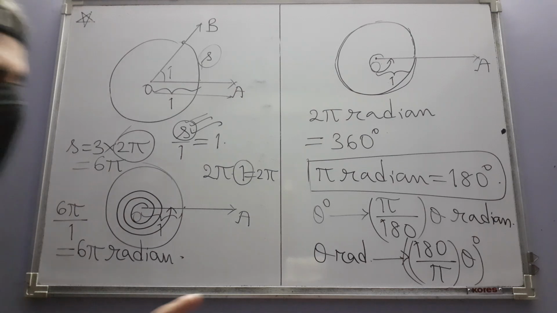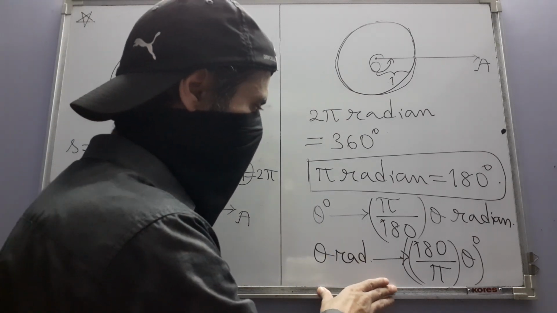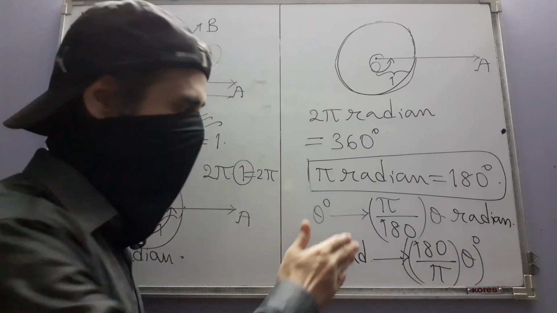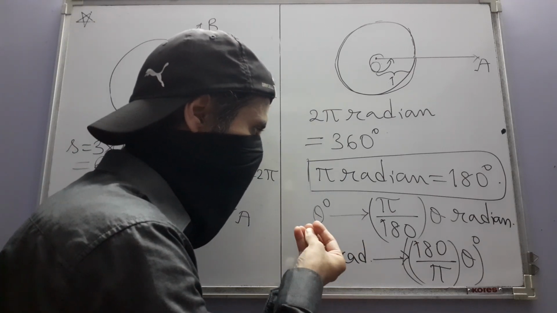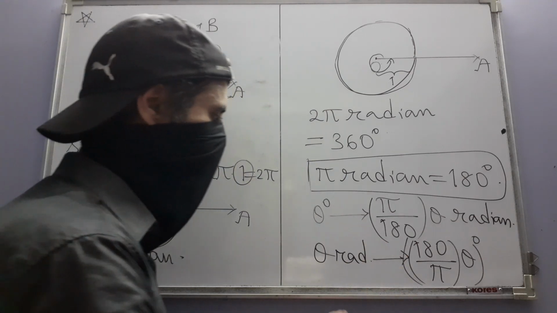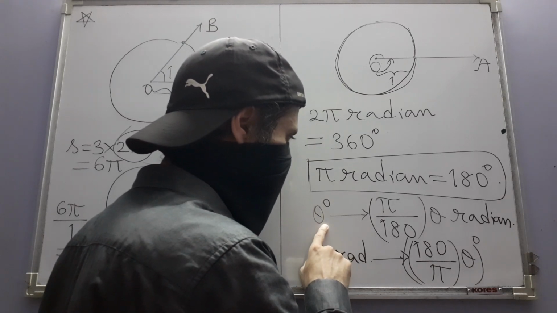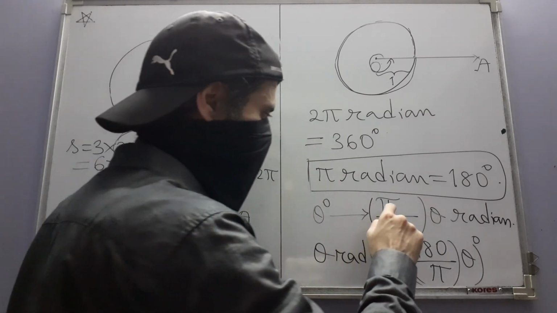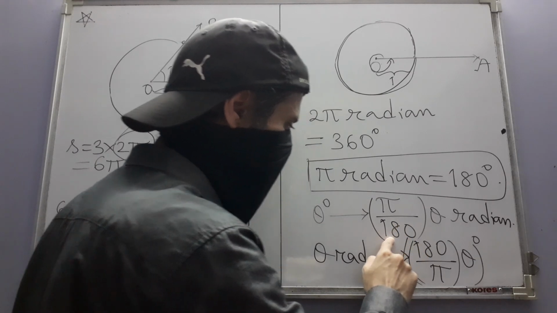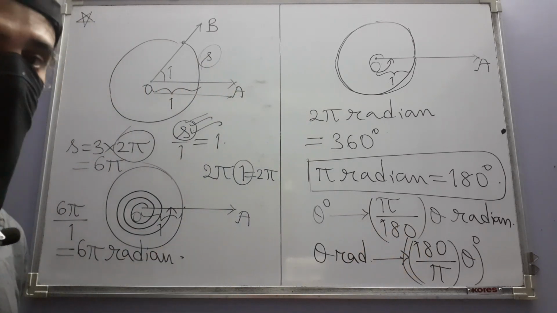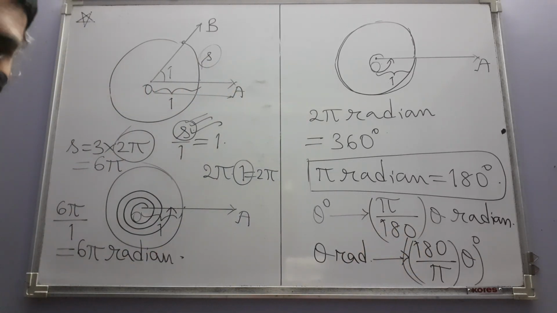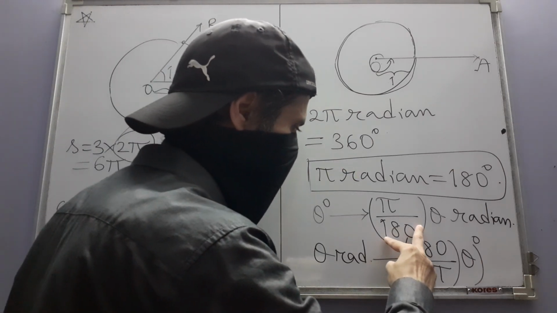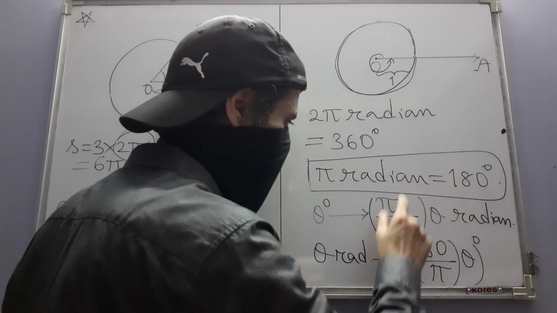If you find this somewhat difficult to remember, which one is to be taken with which one, you remember it like this. If you have degree and you want to turn it into radian, then the degree should get less preference because we are turning things into radian. So the degree unit, this is the degree thing, right?